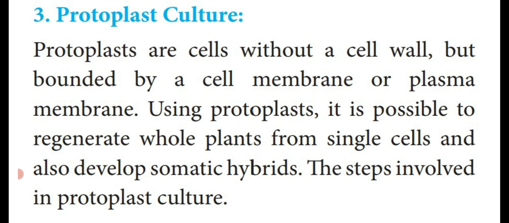So the protoplast is also one of the plant body cells, not covered with cell wall but bounded by cell membrane. By culturing the protoplast single cell, we can produce a whole plant or entire plant. That culture is known as protoplast culture.